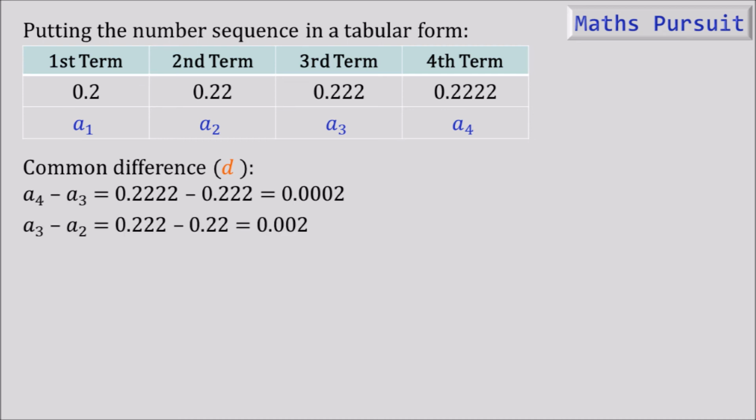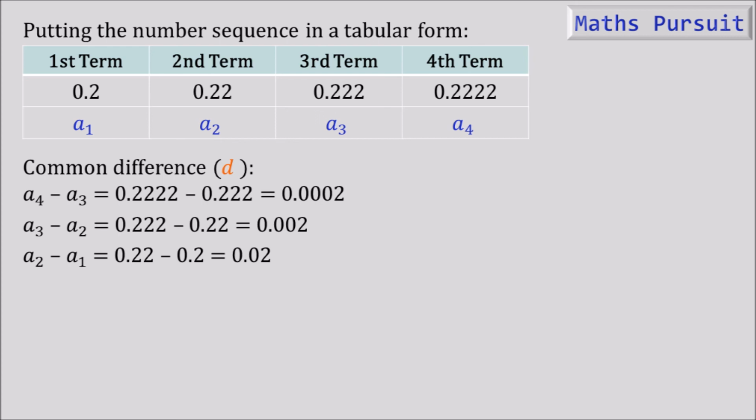Similarly, moving ahead, A3 minus A2, that means third term minus second term, that is equal to 0.222 minus 0.22, that is equal to 0.002. Similarly, A2 minus A1, that is second term minus first term, that is equal to 0.22 minus 0.2, that is equal to 0.02.